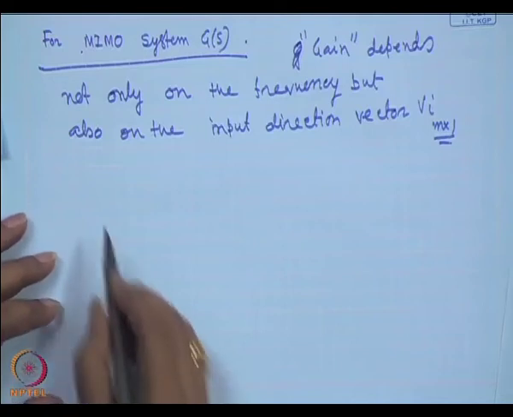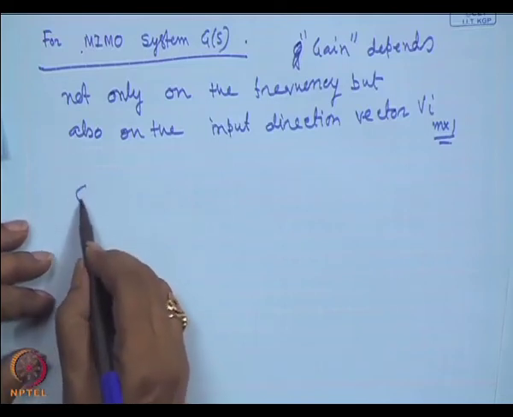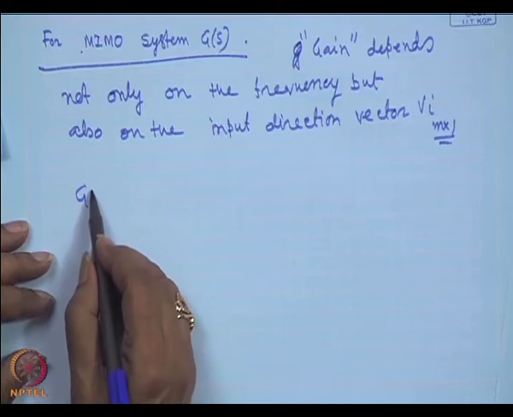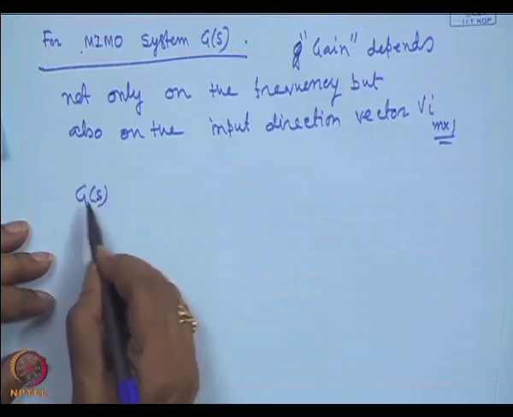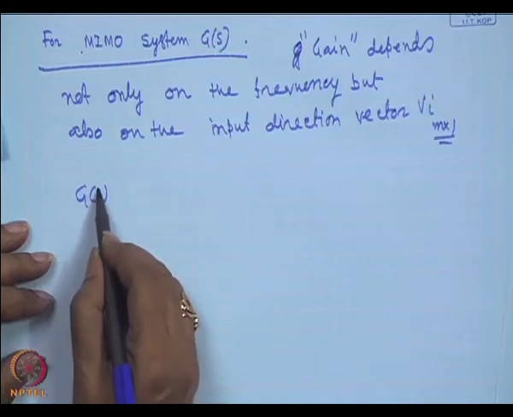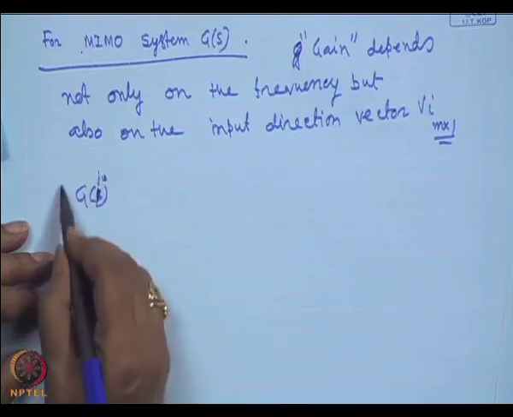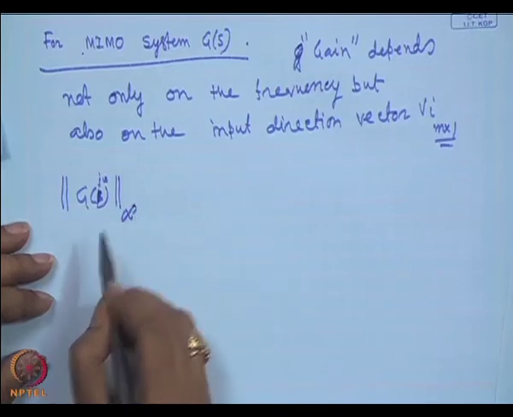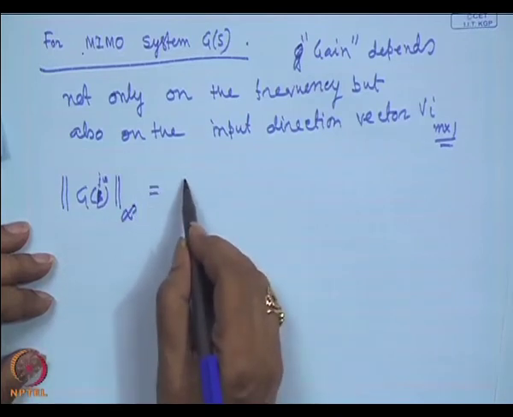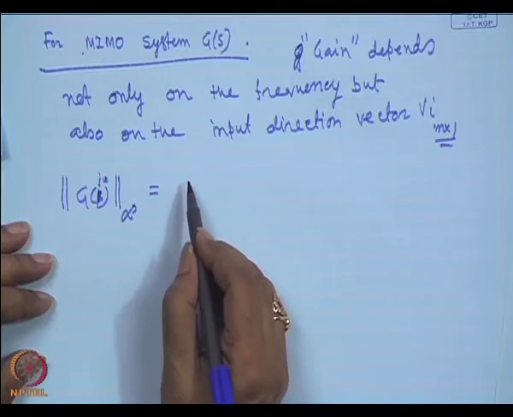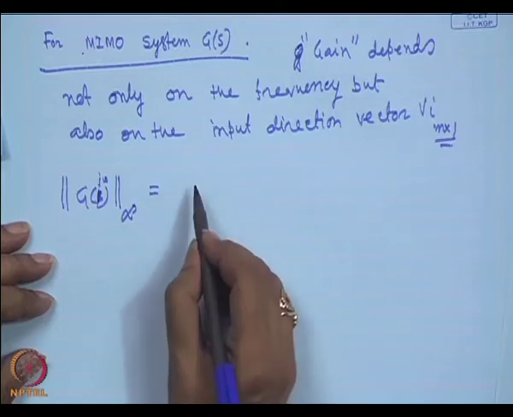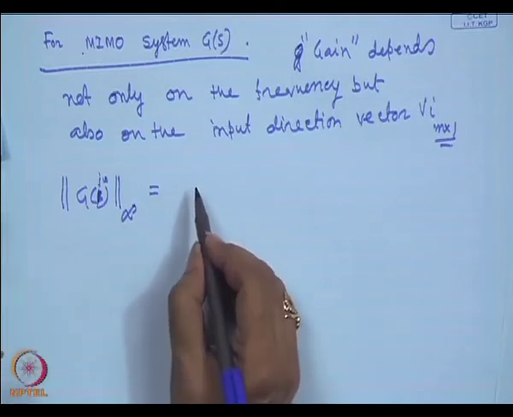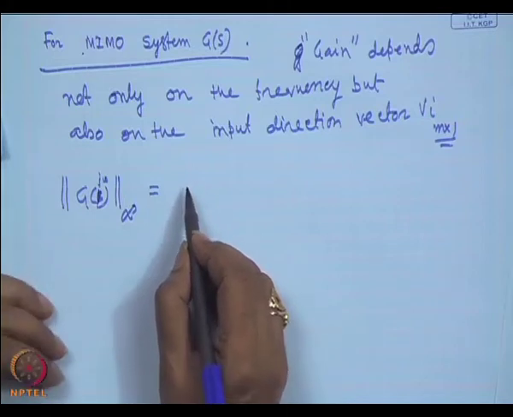Now, for a multi input multi output system, what is the H infinity norm of the transfer function matrix G(j omega)? It is nothing but the maximum singular value of G(j omega).